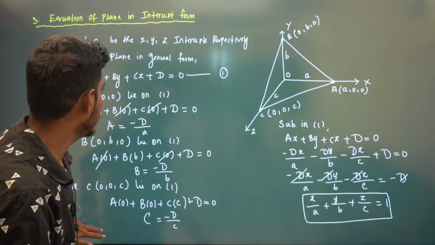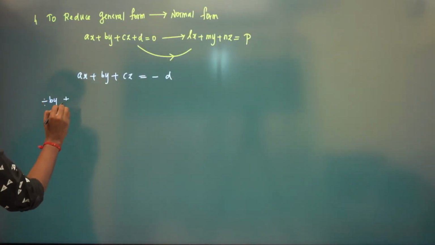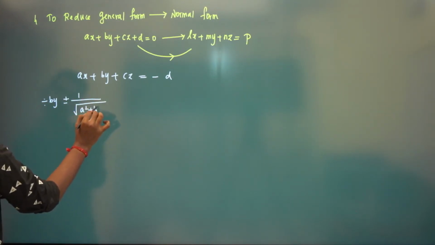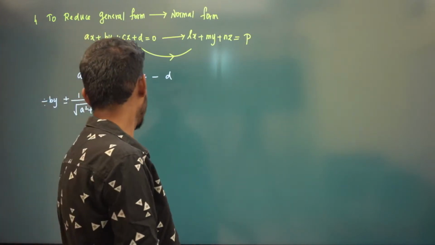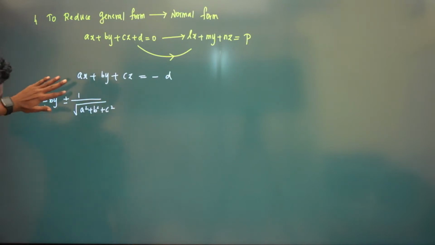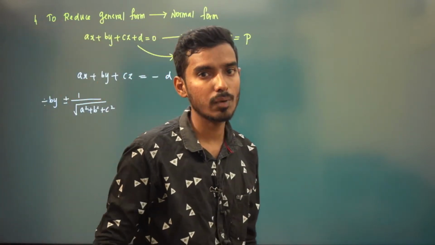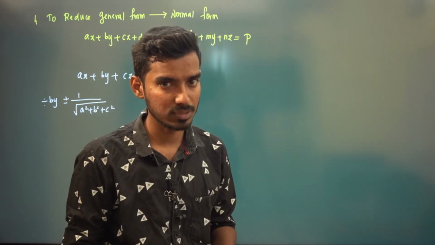So what you can do is you divide by plus or minus 1 divided by root of A square plus B square plus C square, right? You need to divide by this, right? Why? You can divide either by plus 1 divided by root of a square plus b square plus c square, or minus 1 divided by root of a square plus b square plus c square.